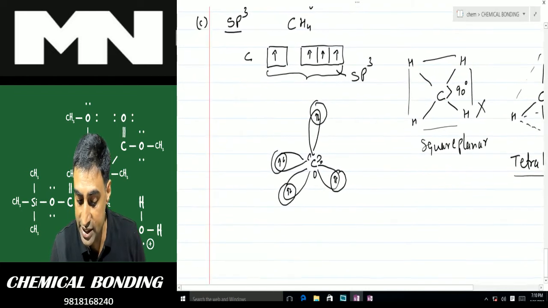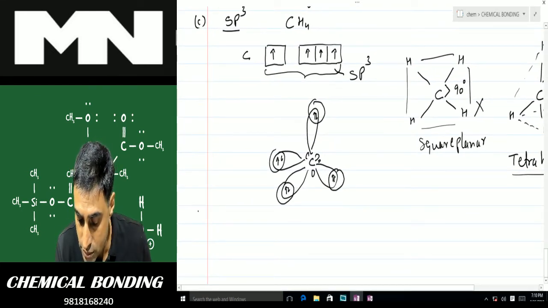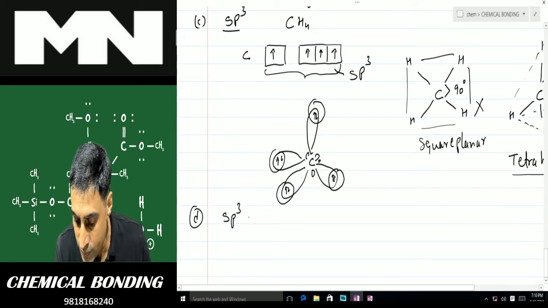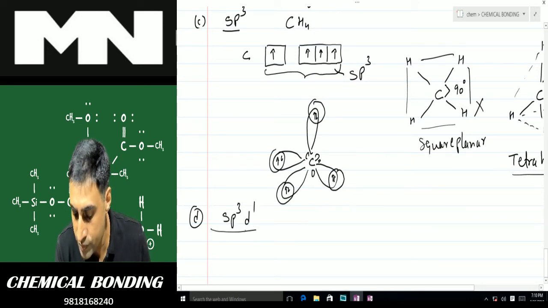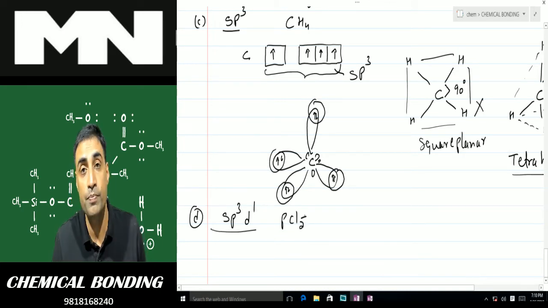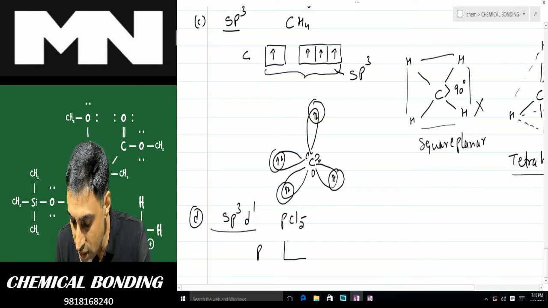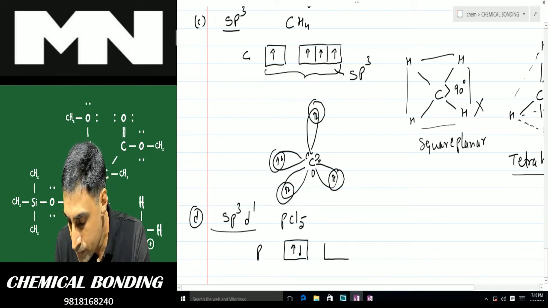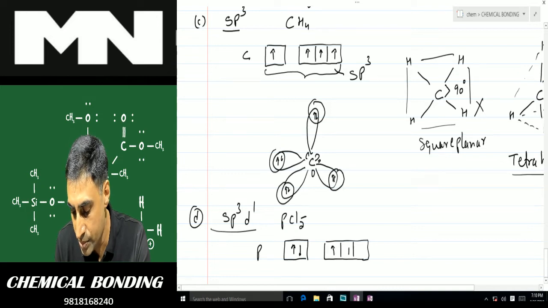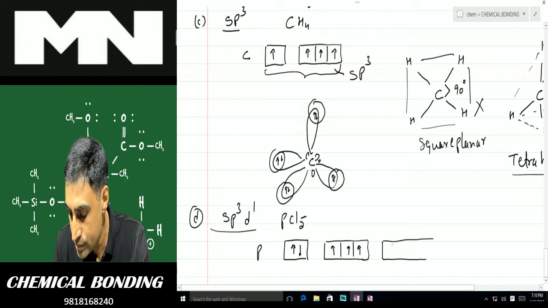And the next hybridization is sp3d1. In this we'll see the PCl5 molecule. If we have a look at phosphorus, it has 2 electrons in the S and 3 electrons in the P, 3 unpaired electrons in the P. It has a vacant D subshell also.